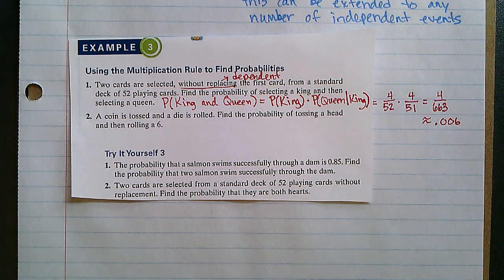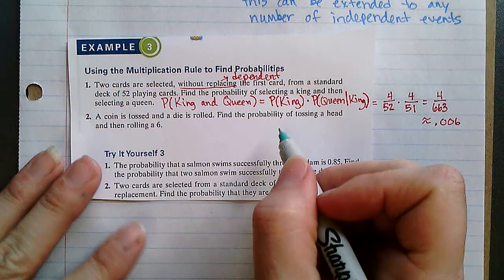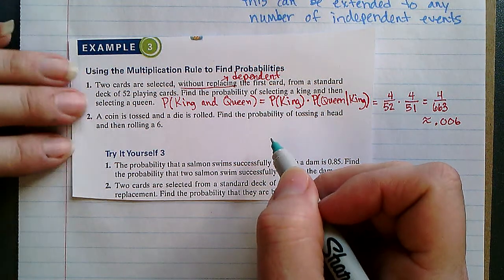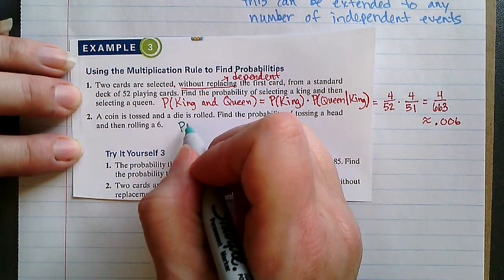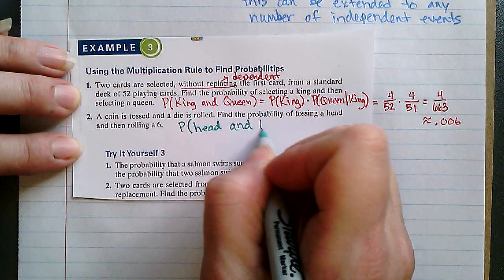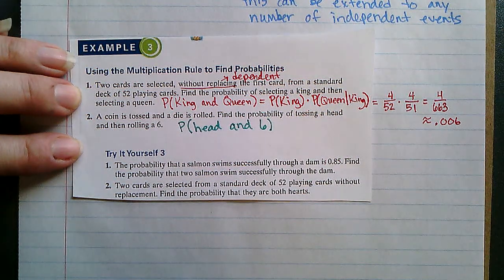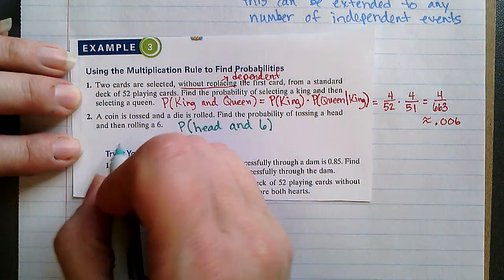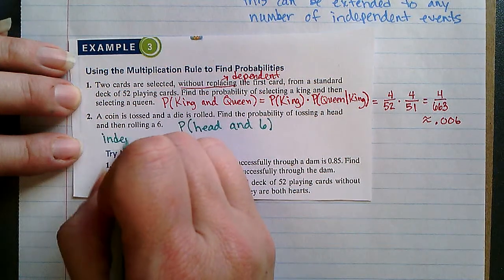In number 2, we have a coin that is tossed and a die is rolled. Find the probability of tossing a head and then rolling a 6. So probability of a head and a 6. Now, when I'm rolling dice and tossing coins, these are independent events.